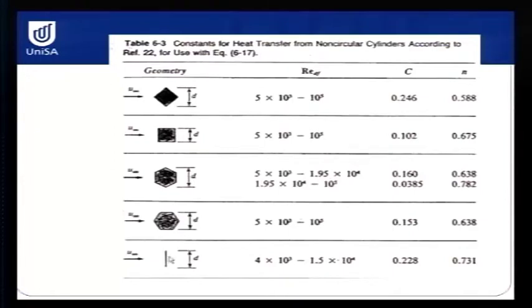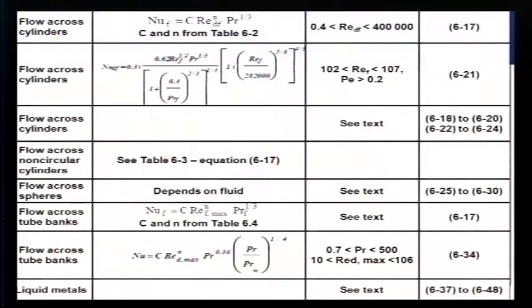Here we have the flow across a number of different non-circular cylinders, and as you can see at the bottom, it's a bit difficult to call this a cylinder, but it's just a plate, and the air or the water is flowing at 90 degrees to it. But if there is a temperature difference, we can work out the Nusselt number based on the C and the N using the same equation that we had previously: Nusselt number equals C times Reynolds number to the N times Prandtl number to a third.